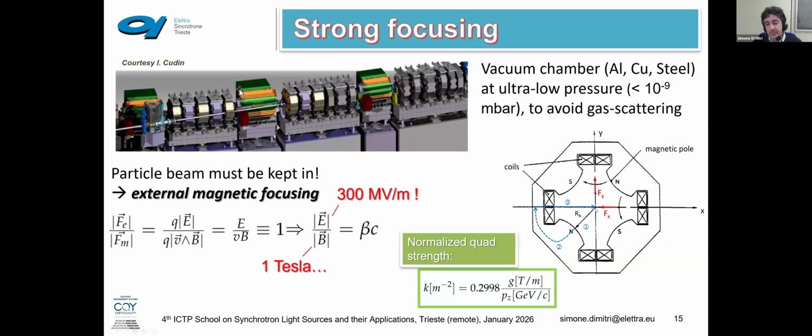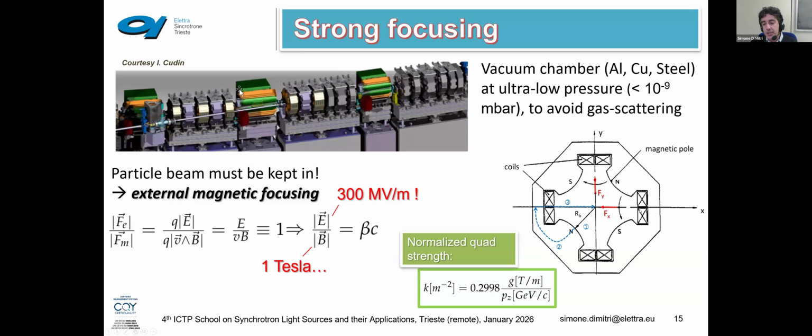By simply satisfying the Maxwell equations, you can calculate the focusing force, which is typically normalized to the particle momentum, as a function of the ampere-turns that you have to put in the coils to generate the magnetic field. So this K is the so-called normalized quadrupole strength, which is proportional, of course, to the magnetic field gradient that you generate between the poles.